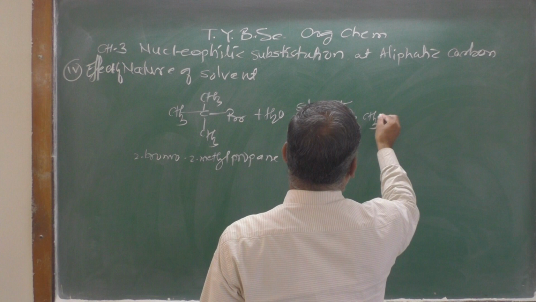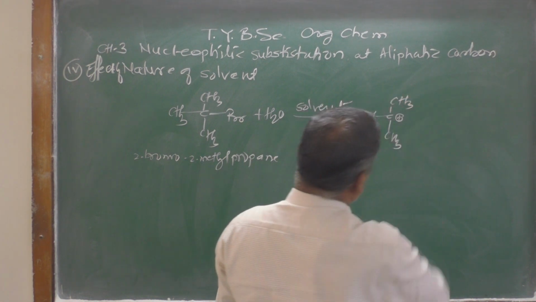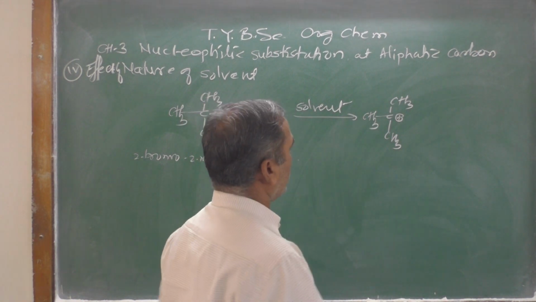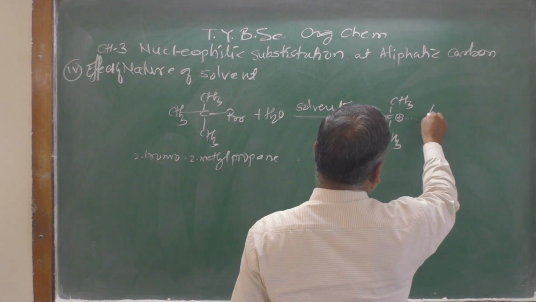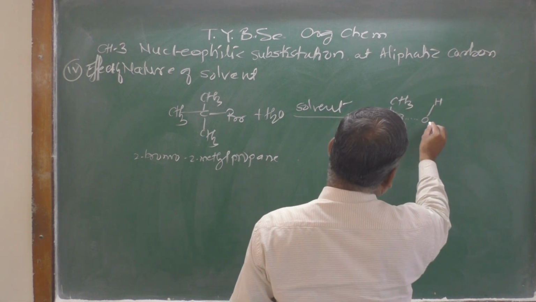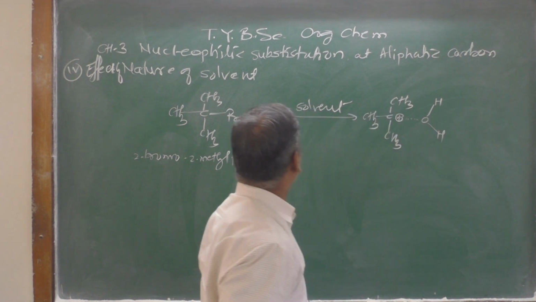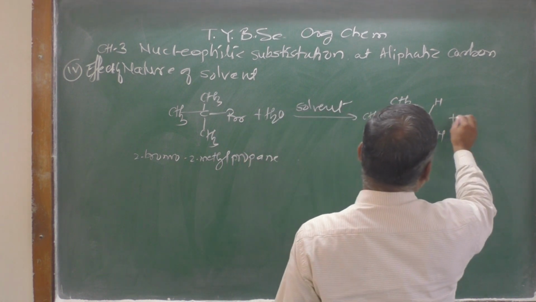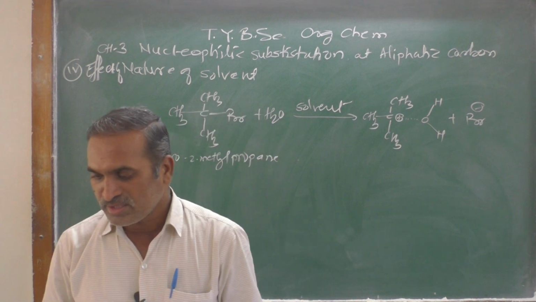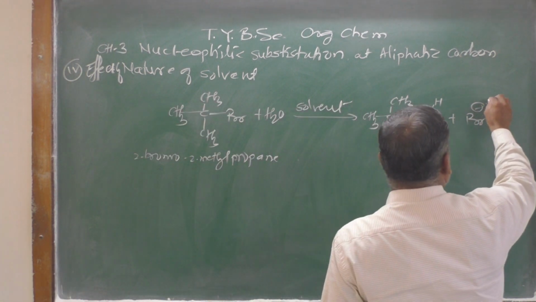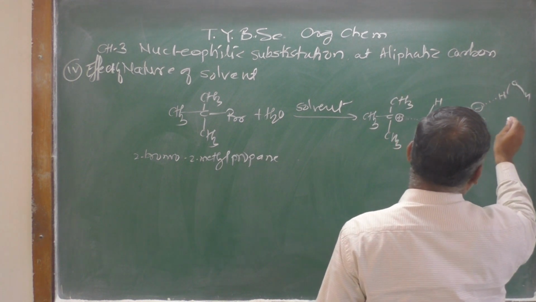This carbocation formed over here gets solvated through hydrogen bonding, and the Br minus also gets surrounded by hydrogen bonding, H, then O, H, so you can show it like this.